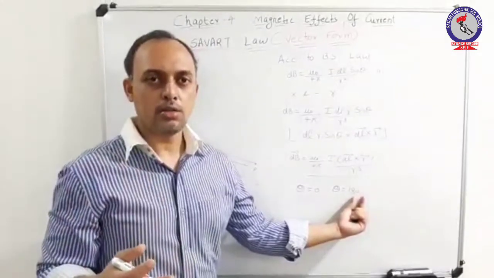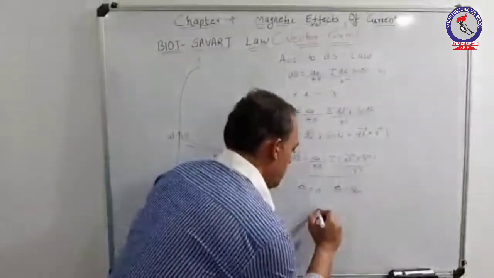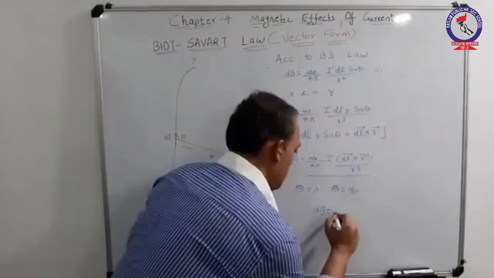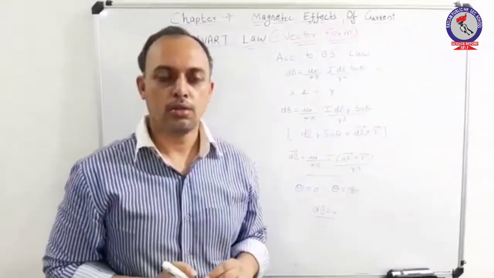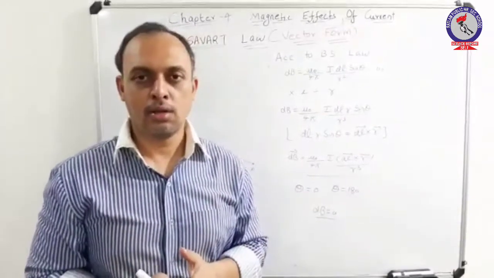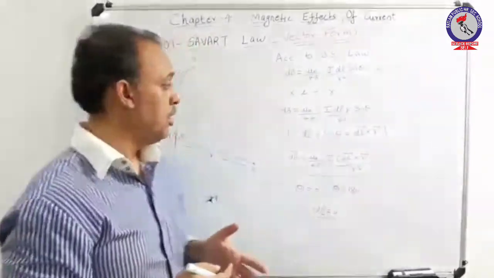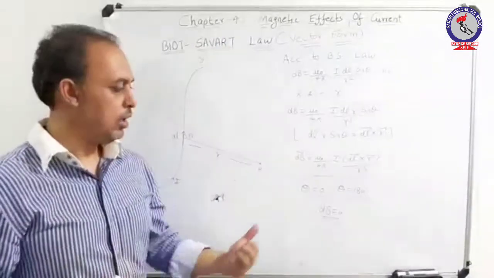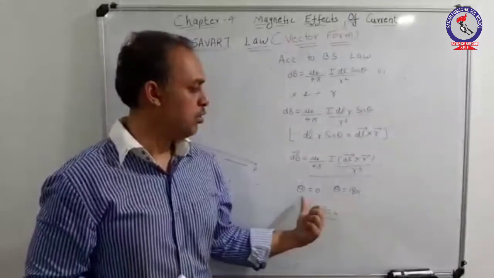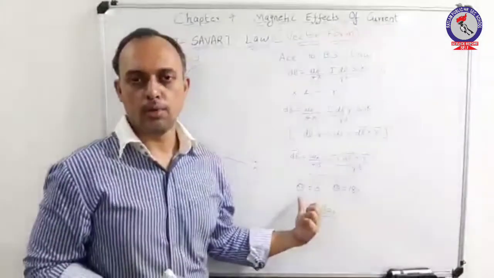In that condition, the magnetic flux density, that is dB, will also be 0. So we come to a conclusion that the magnetic flux density, according to Biot-Savart law, at any point on the surface of this conductor is always 0. We have just gone through this with the help of this small concept. This is an important point to be remembered.